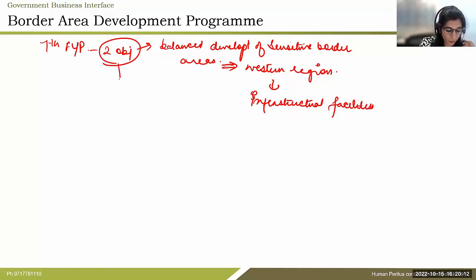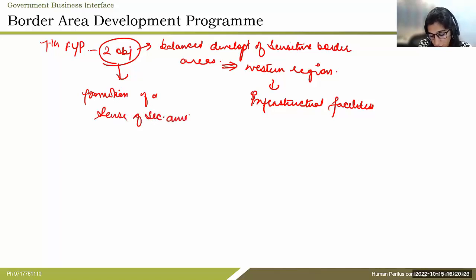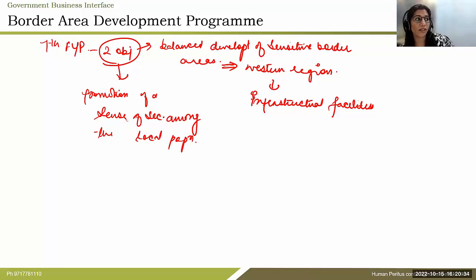And what was the another objective? It was for the promotion of a sense of security among the local population. See, because when the local population near the border areas live there, they always have this fear, this insecurity in their mind all throughout the time, that there can be bombing at any time, there can be a fight or initiation of a war at any time.